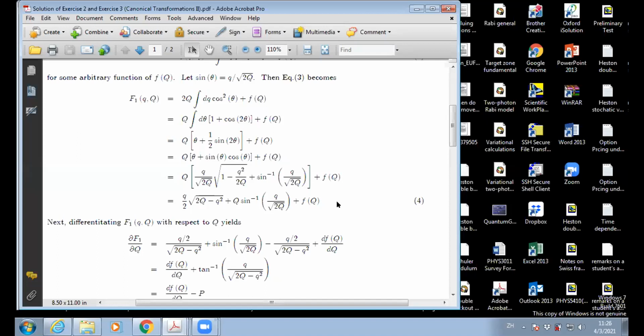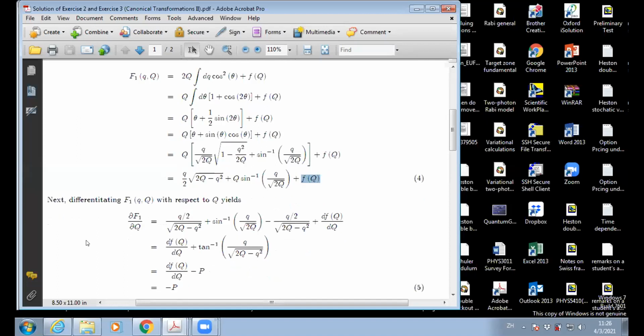Okay, so the generating function of type 1 involves the sine function and also this arbitrary function f of q. The next step, I try to differentiate the generating function with respect to capital Q. You have to be careful because it is quite a mess.